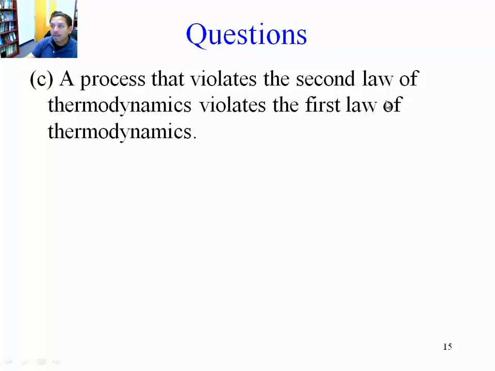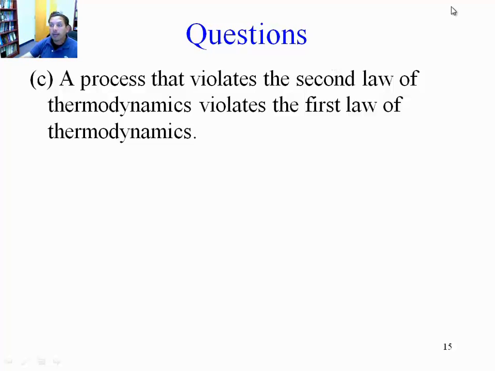So a process that violates the second law doesn't necessarily violate the first law of thermodynamics. The first law states that Q minus W is equal to change in energy, and that could be perfectly satisfied. But then we might violate the second law of thermodynamics. So one violating one doesn't mean that the other one is violated.